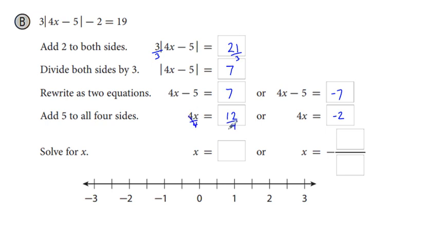We get x equals 3. And so here we have our solution down here on the number line, x equals 3. And for the other equation, we divide by 4 also. We get x equals negative 2 over 4, which simplifies to negative 1/2. So this is our second solution, negative 1/2.